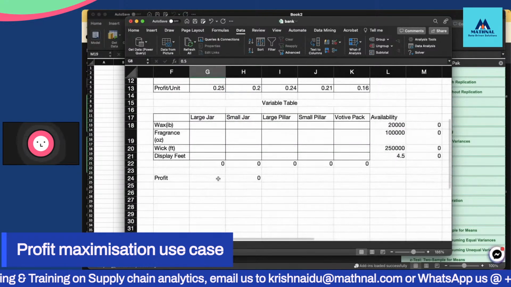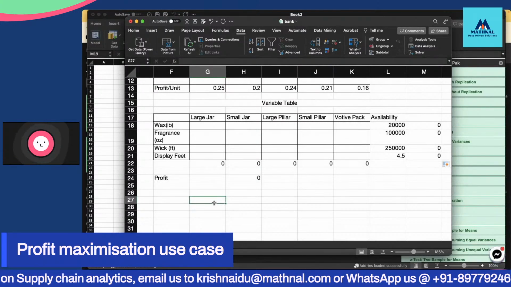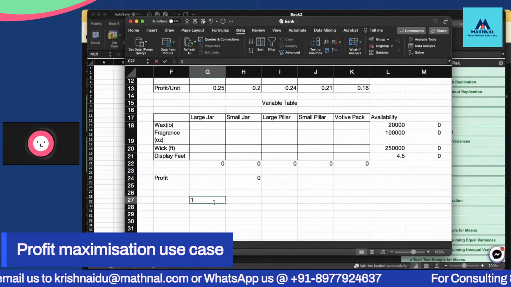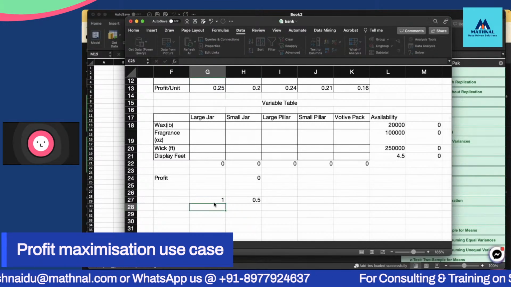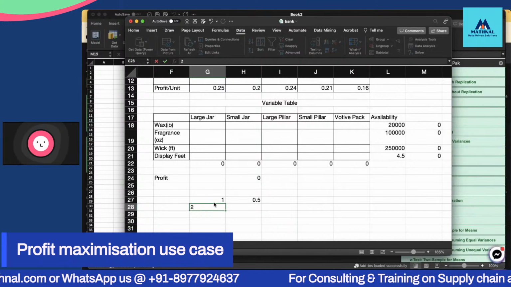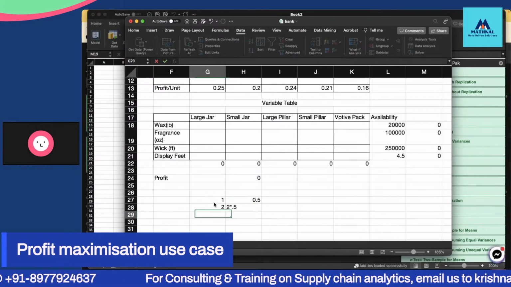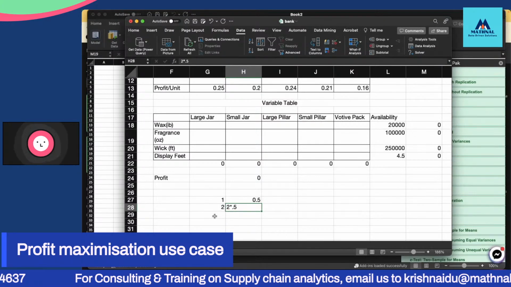So if I write this formula here, to manufacture 1 unit, we require 0.5. 2 units, we require 2 into 0.5.